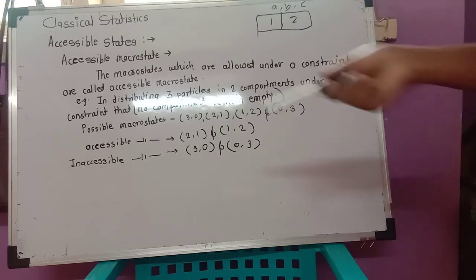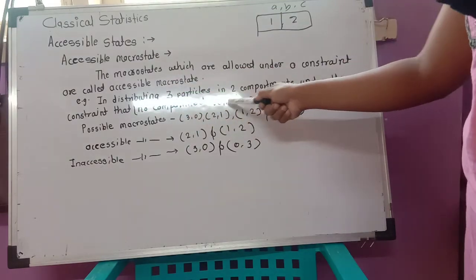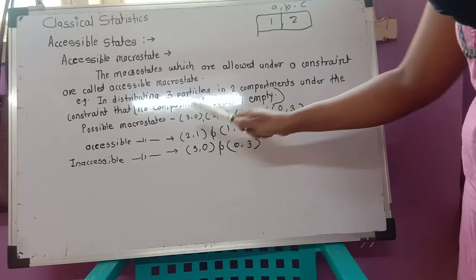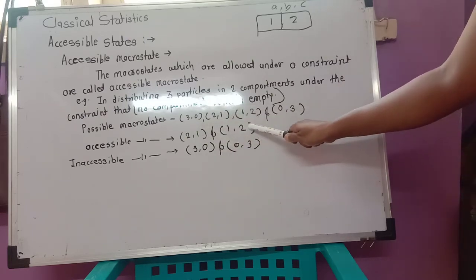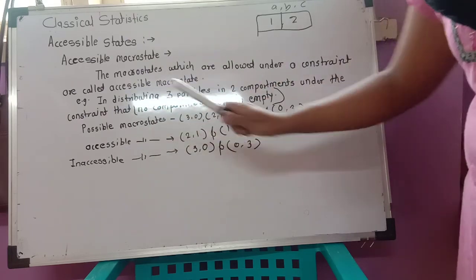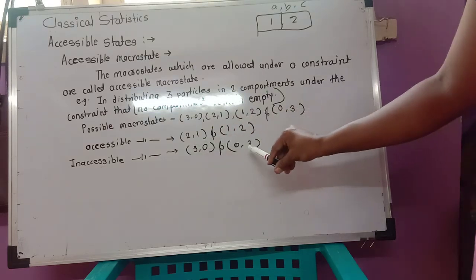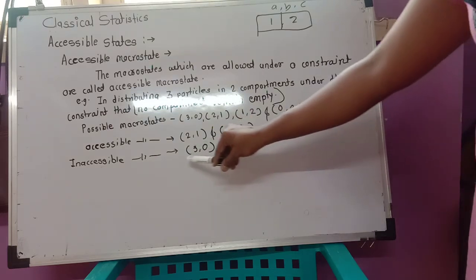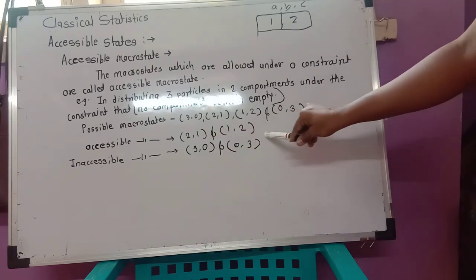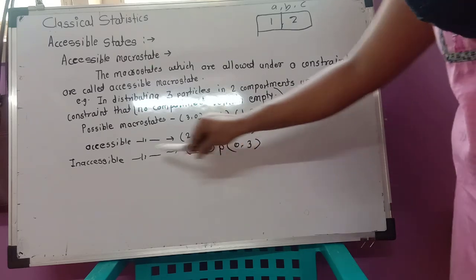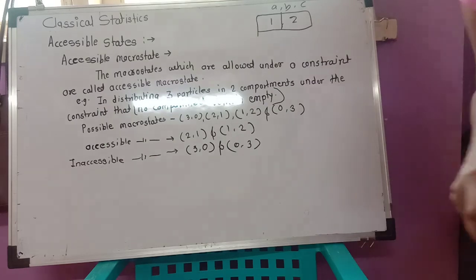What is the constraint here? That no compartment remains empty. Here both compartments are filled, so it is an accessible state. In this case one compartment is empty, and here one compartment is empty, so these are not allowed distributions, and they are called inaccessible microstates.